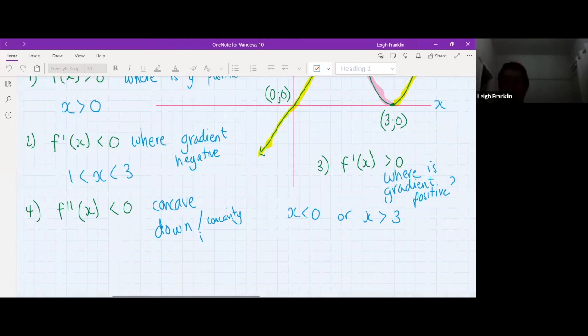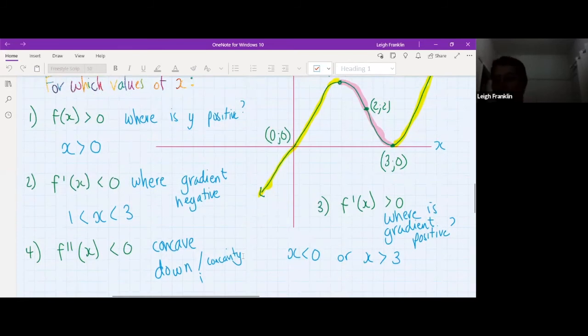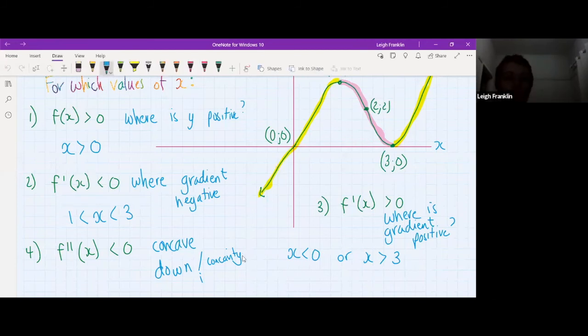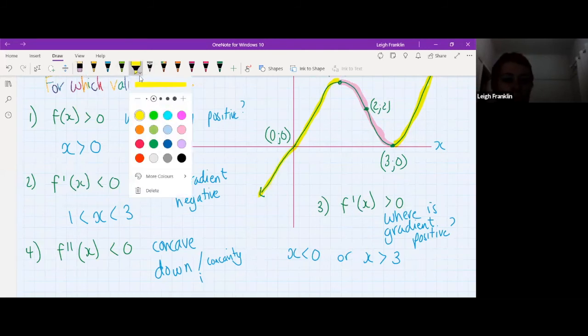Okay, so now to answer this question, where is the graph concave down? Now forget about the yellow and the pink, all right? We're going to use a new color here. Let's just draw over it. Okay, concave down.